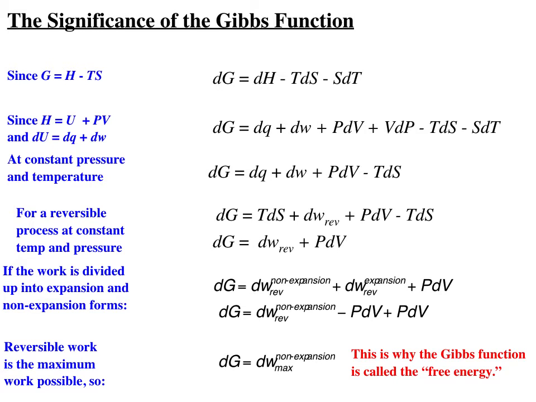Like we did for the Helmholtz function, let's probe a little bit into the deeper significance of the Gibbs function. We'll begin with our definition G equals H minus TS, and then take the increment of change using the product rule. dG equals dH minus TdS minus SdT.